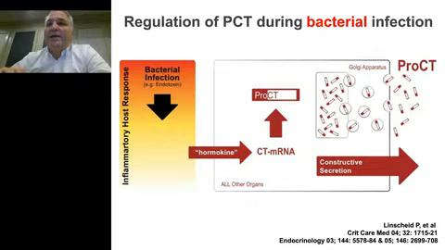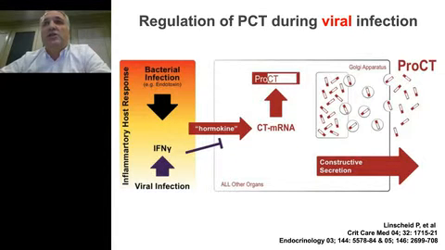However, if we have a patient with a viral infection, then we have a different type of cytokine response. So in these patients, we found more interferon gamma and other cytokines. And interferon gamma has been shown to block the upregulation of PCT. So we believe this makes PCT much more specific for bacterial infections and helps us to differentiate between viral infections and bacterial infections.